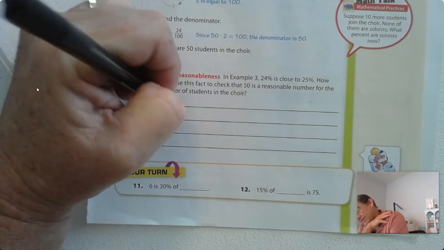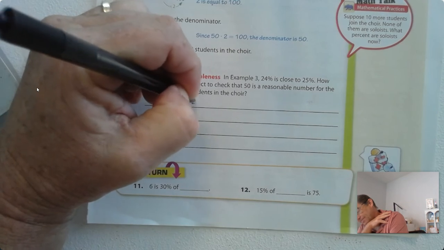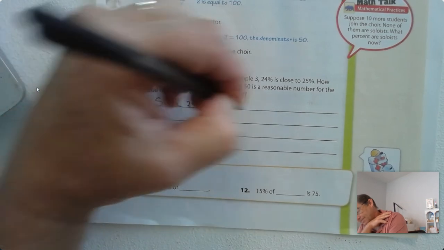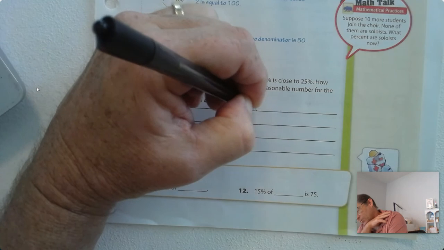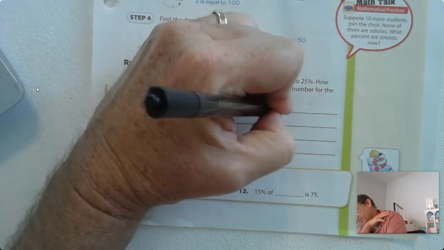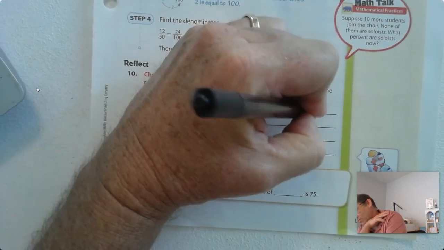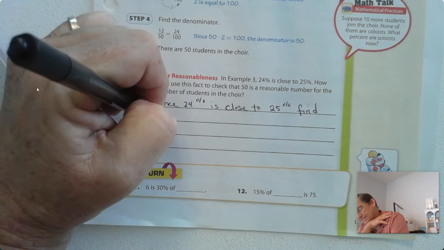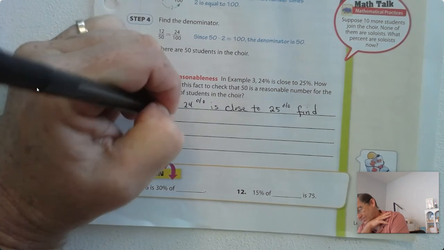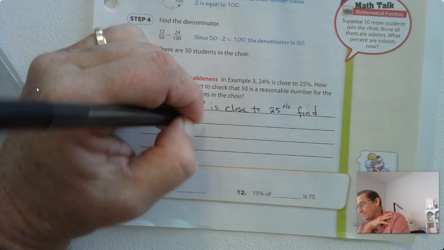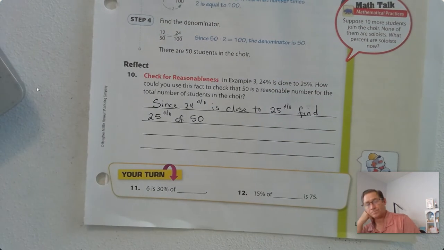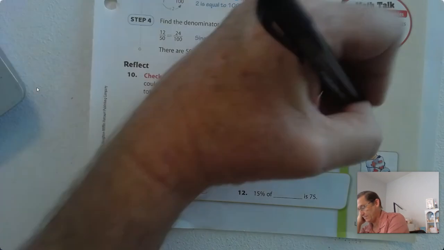Since 24% is close to 25%, find 25% of 50.